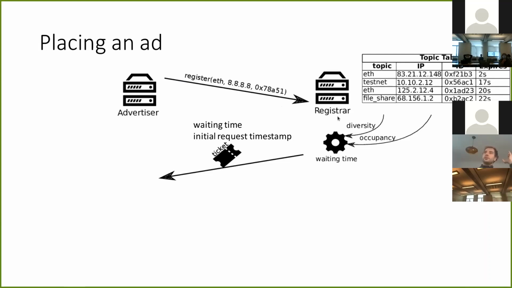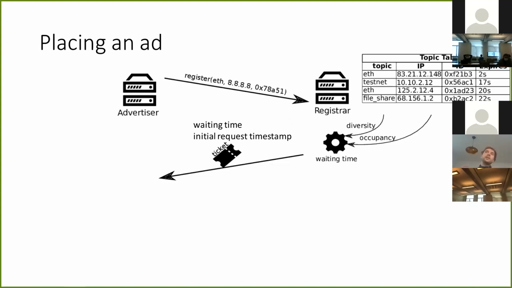Now, the registrar takes this information, the computed waiting time and also the timestamp of the initial request made by the advertiser, and puts it in what we call a ticket. A ticket is just like a message that will be signed by the private key of the registrar. The advertiser will get it and know that it has to wait for this specific amount of time, and then it can try to re-register.